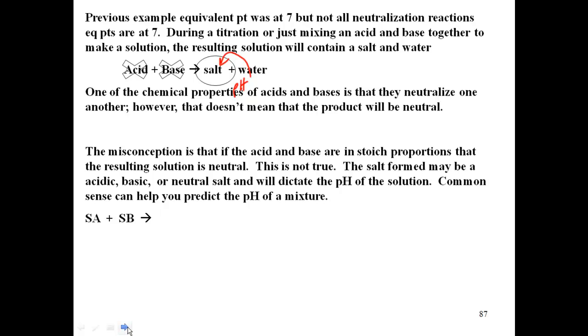So both strong components are canceling out, and there's no excess of hydronium or hydroxide. So we end up making a neutral salt. This is the only true neutralization where the pH is 7 at the equivalence point.